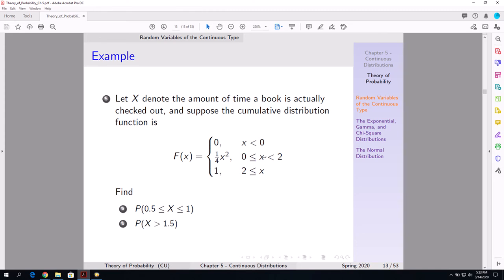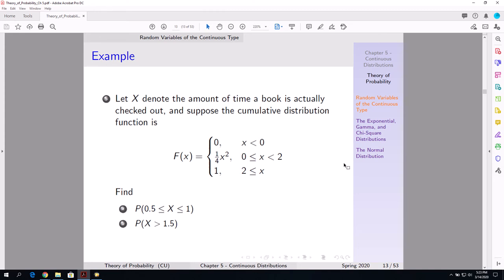So that's 1 minus, I have to compute the CDF at 1.5. Which of these do I use? The middle one again. So that's going to be 1 minus a fourth times 1.5 squared.